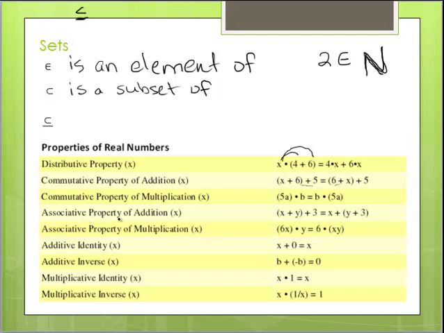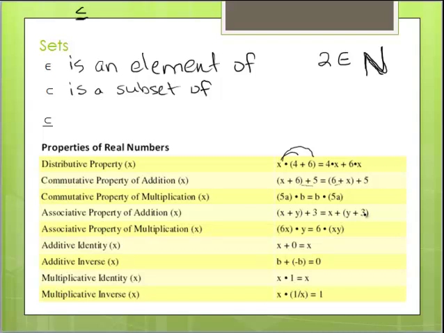Then you have the associative property of addition and the associative property of multiplication. That means you can group addition and multiplication differently and it'll still work. Here you see the x plus y are grouped together, but it's in the order x, y, 3.